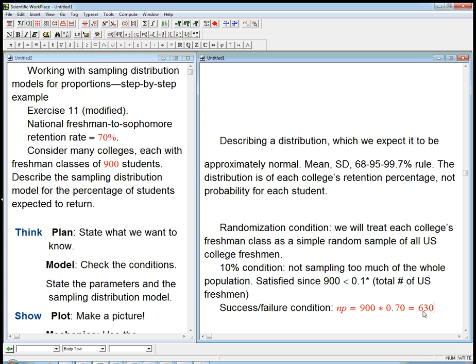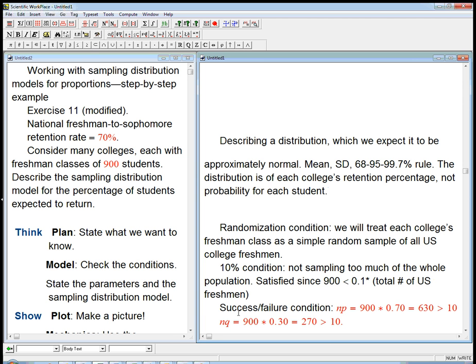That's way bigger than 10. And nq is 900 times 0.30, which is 270. That's still way bigger than 10. So we're easily satisfying the success-failure condition.